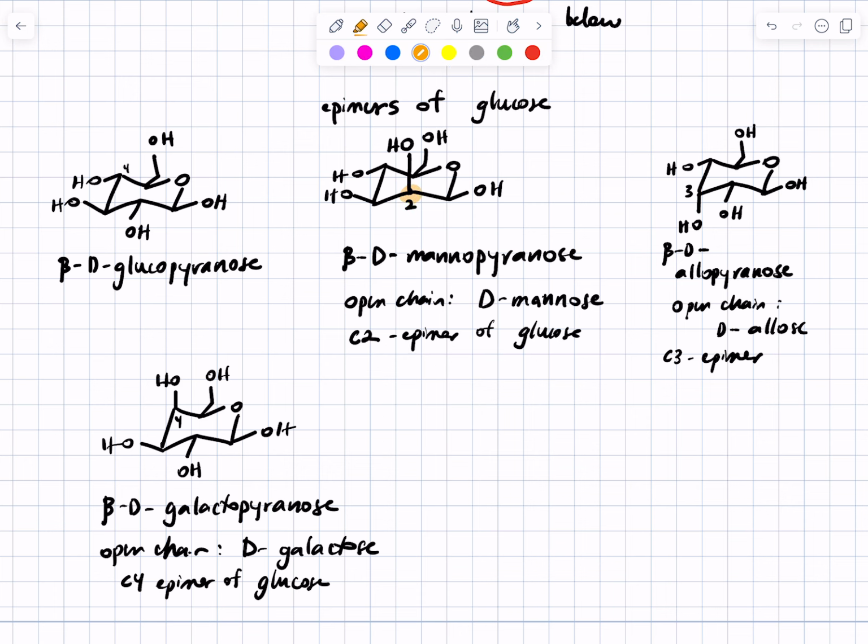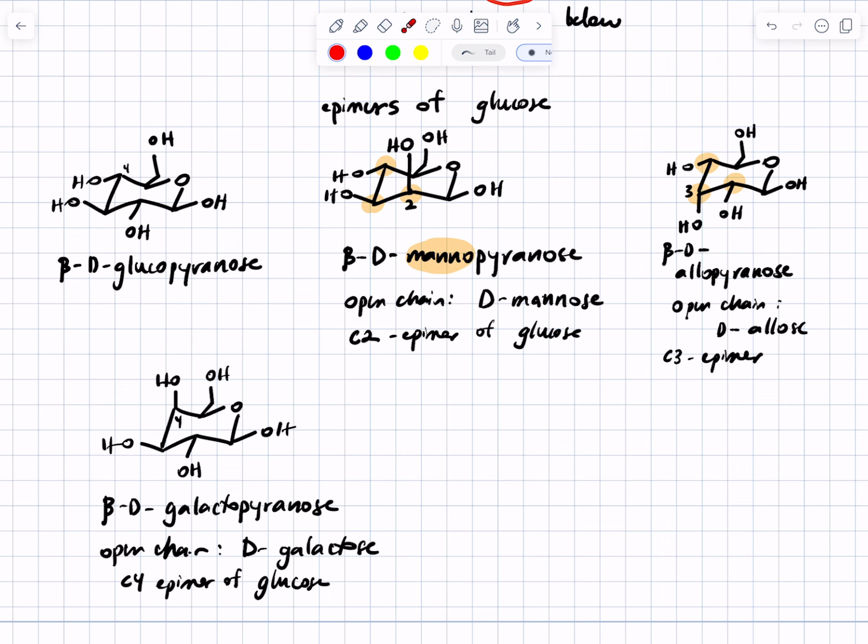The mano term refers to stereochemistry at all three carbons, C2, C3, and C4. So you need all three of these to be just the way shown here for it to be mannose. But notice that mannose only differs from glucose at C2.